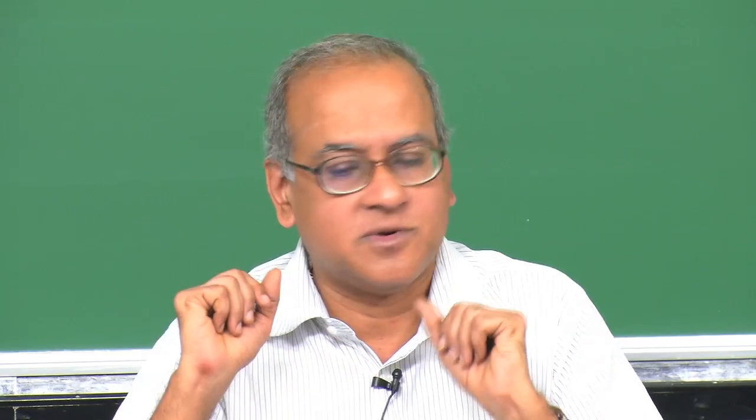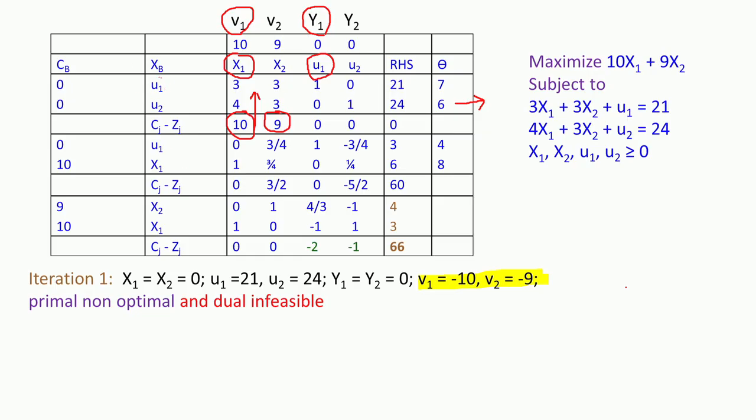The negative of the Cj minus Zj seems to show the corresponding dual solution. If you see, u1 is in the solution in the primal, so y1 has to be equal to 0. We have mapped y1 alongside u1, so going down, you get a 0 here; this is the y1 solution.